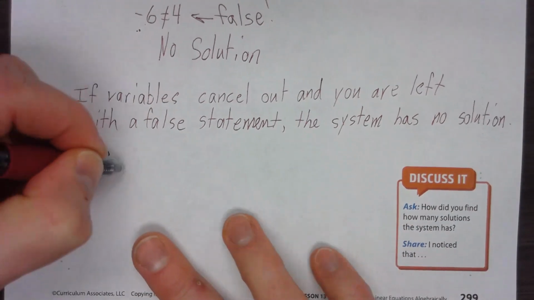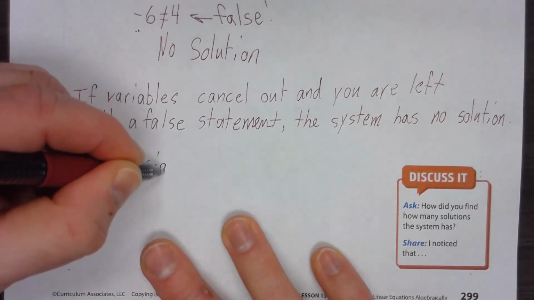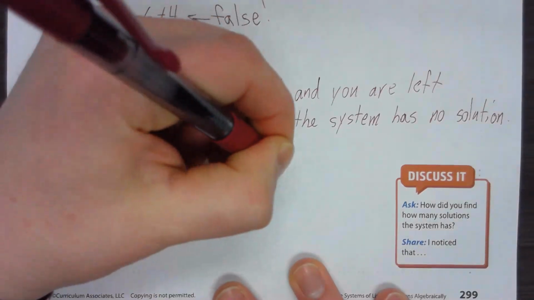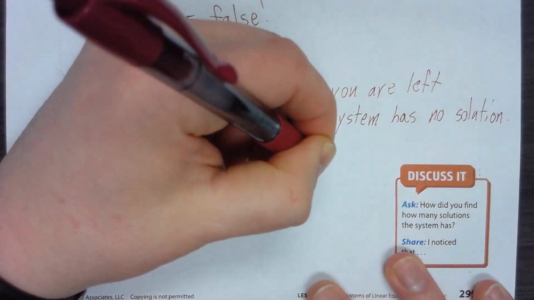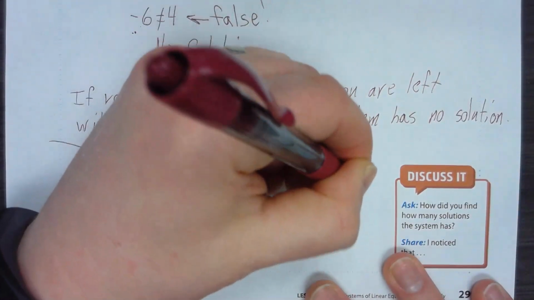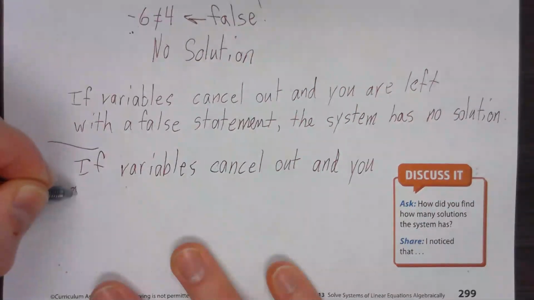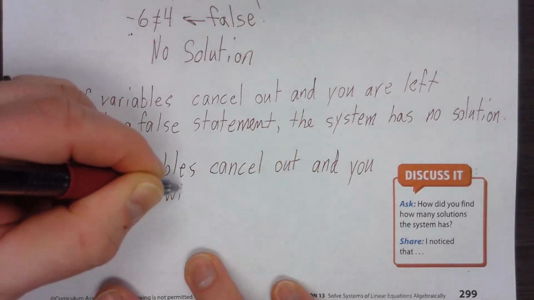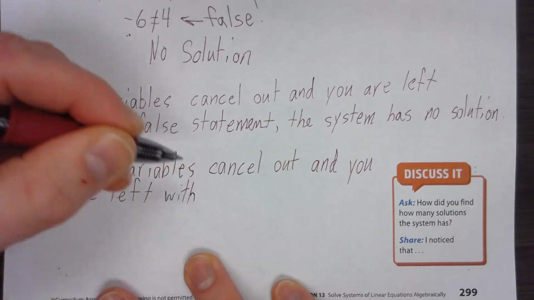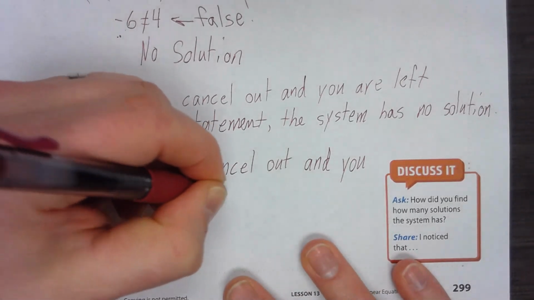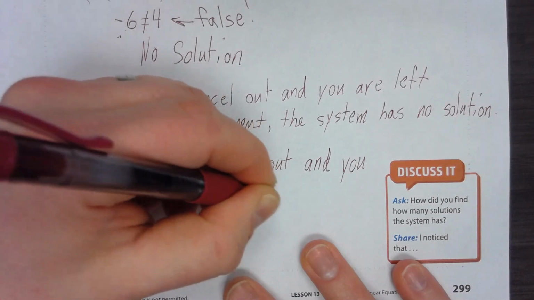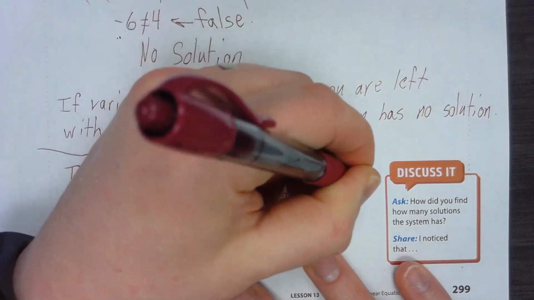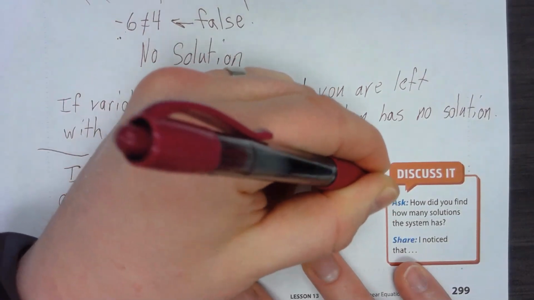If variables cancel out and you are left with a true statement, for instance, if this would have been like 4 equals 4, right?